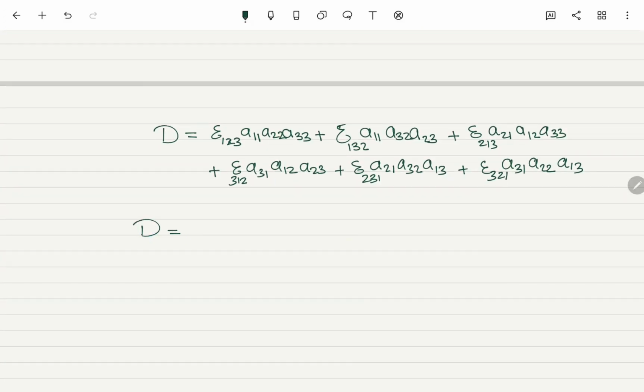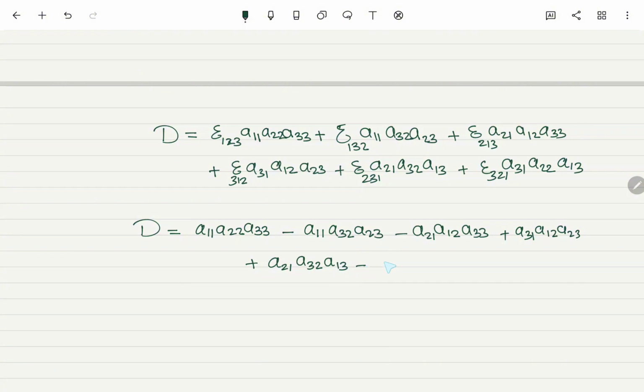D after all will be equal to A11 A22 A33, and this one is +1 because it's an even permutation, minus A11 A32 A23, minus A21 A12 A33, plus A31 A12 A23, plus A21 A32 A13, minus A31 A22 A13.